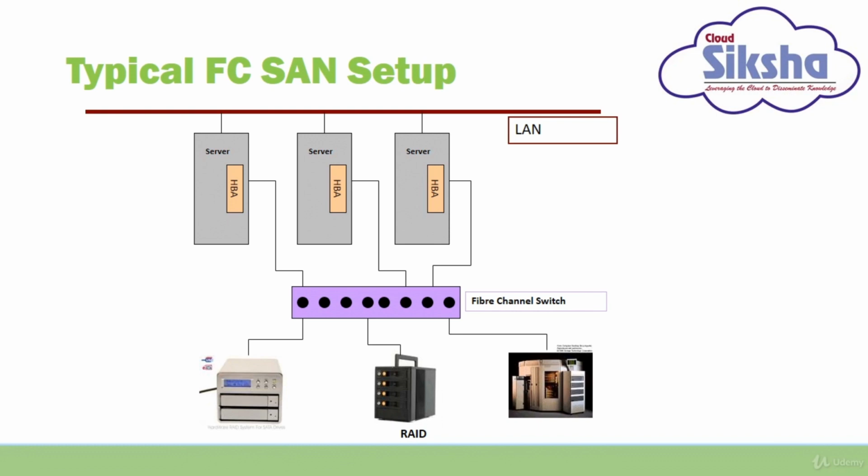It could be RAID arrays, it could be JBODs or tape libraries or whatever, but those are all residing on the other side of the switch, and the switch is used to connect all of them. So this is a typical fiber channel setup. Here there is no direct connection to the device. It happens through the switch, and the server is connected to the switch through an HBA.